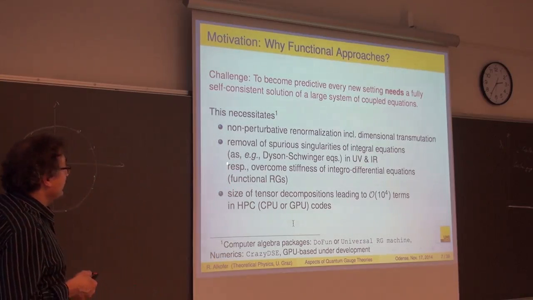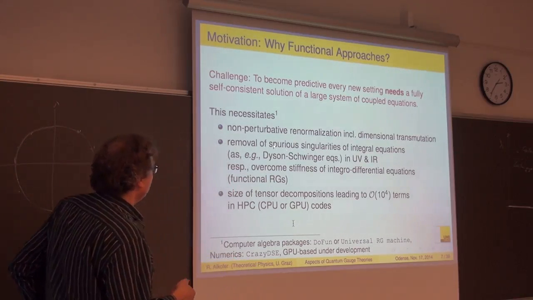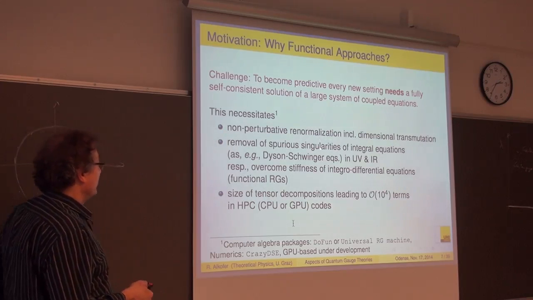Now people have argued, if you use a functional RG, of course it's already excluded that you pick up such spurious singularities.